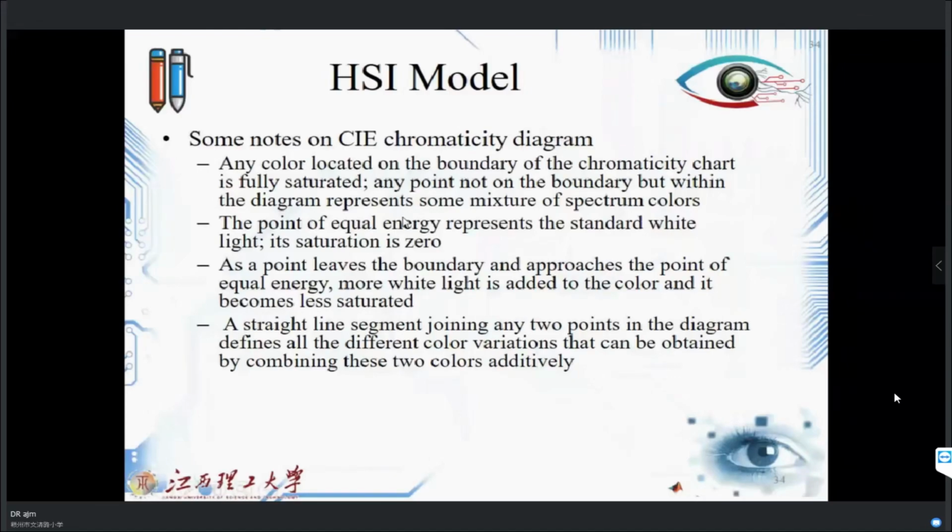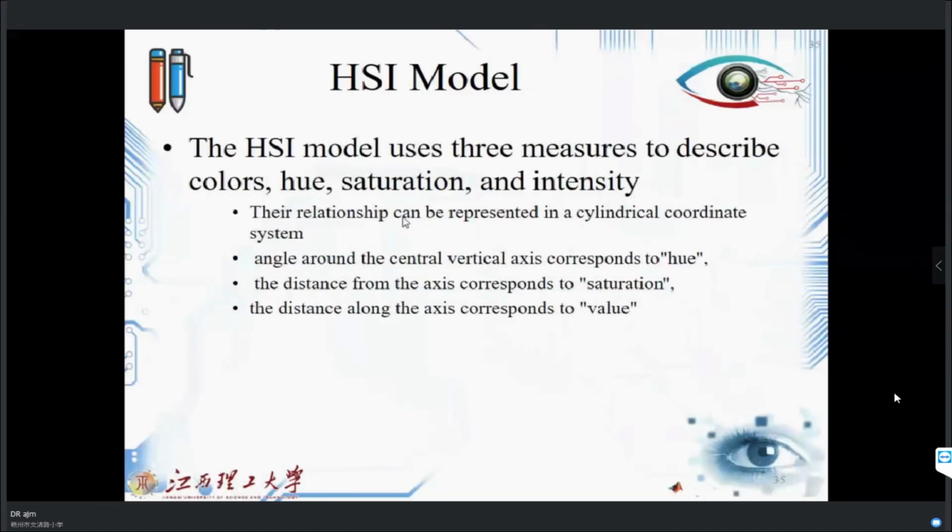Next model, sorry, before talking about the next model, we will see a little bit more about this HSI model, which uses three measures to describe colors: hue, saturation, and intensity. The relationship can be represented in the cylindrical coordinate system, not in the Cartesian one like the RGB.